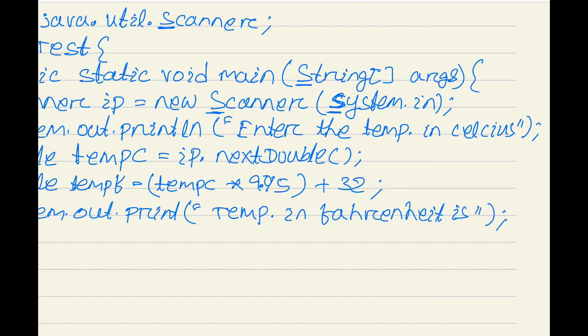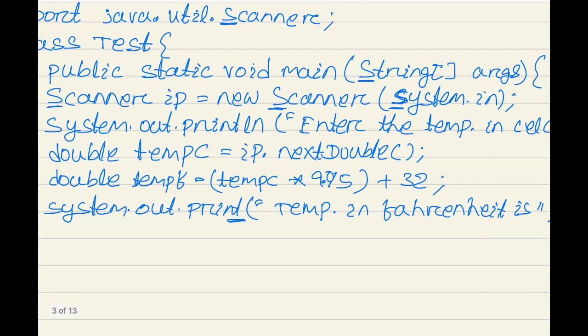Okay, so here we are using System.out.print. That means the next output is going to start after "is" in the same line, not in the next line. If you use println, the output starts from the next line. But here we are using print, so the next output continues in the same line.